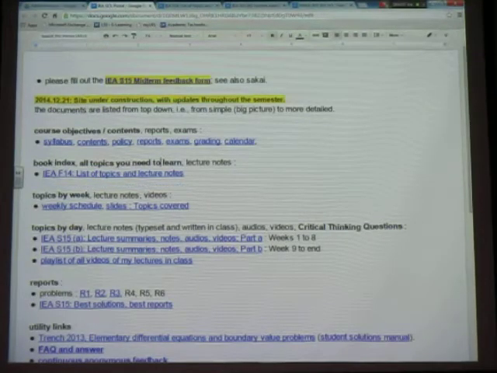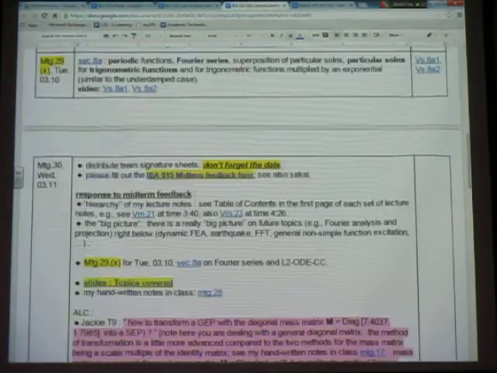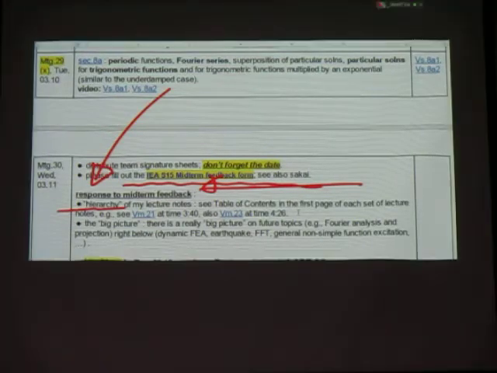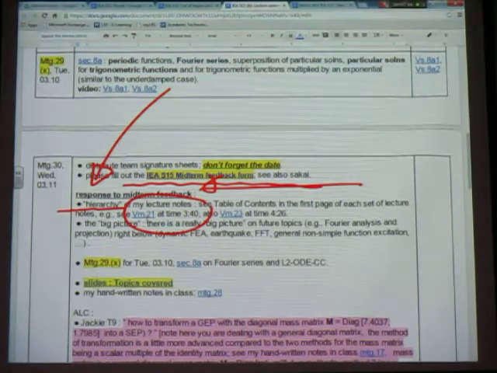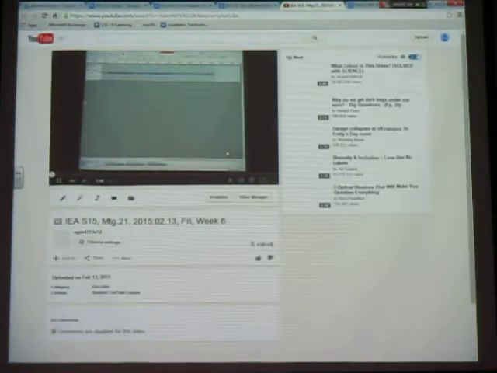But there's more than that. In meeting 21 here, which is videographed, I talk about the flowchart that Jackie brought up, and the flowchart is essentially the table of contents at the beginning of each section.